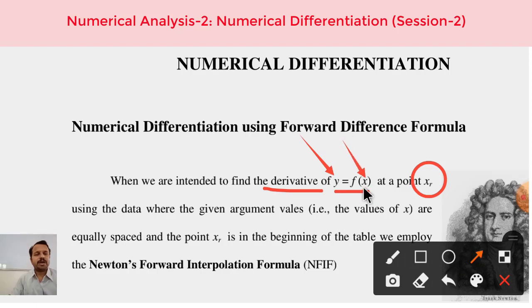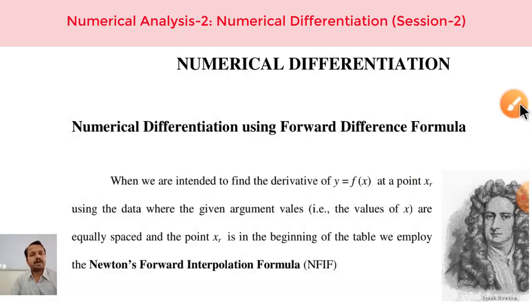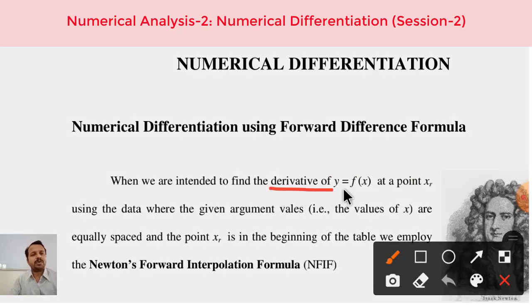Corresponding to the discrete set of values of x, there will be a given list of values of the dependent variable y. With the help of that data, we find the derivative of the function y equal to f of x. That process is called numerical differentiation. We considered this in detail in the previous video.